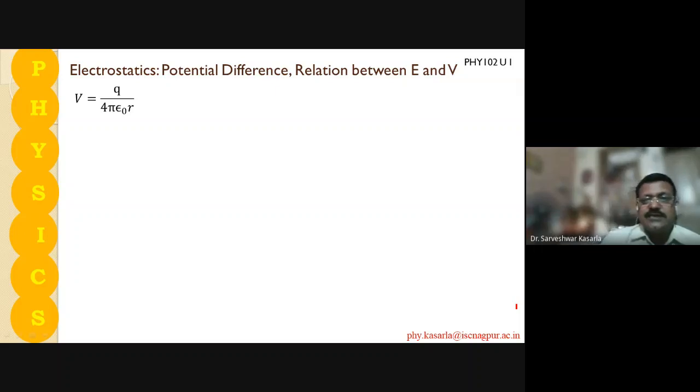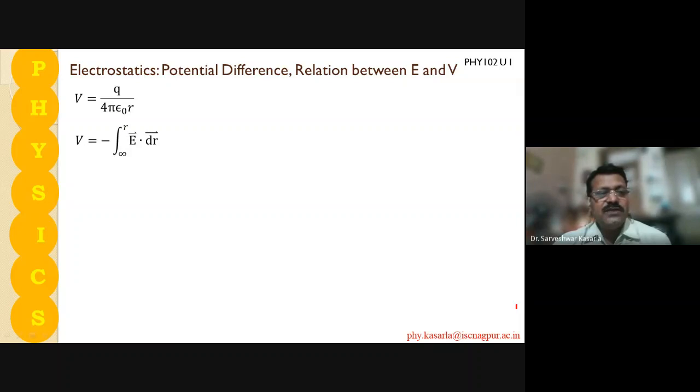Let us see the relation between electric field intensity and the potential. So we have the potential formula like this: V is equal to minus E dot dr, that we have already seen.